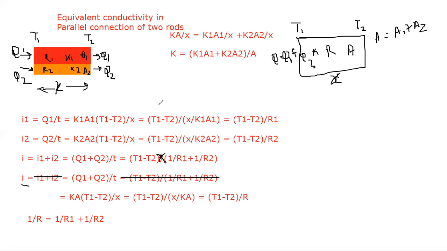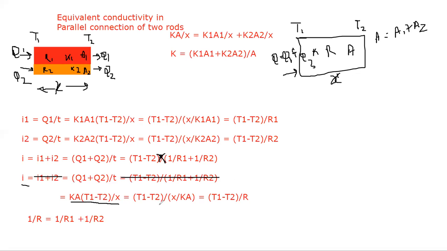I, the heat current flowing through this, will be equal to Q1 plus Q2 by T, which will be equal to K into A into T1 minus T2 divided by X, the length of the rod.